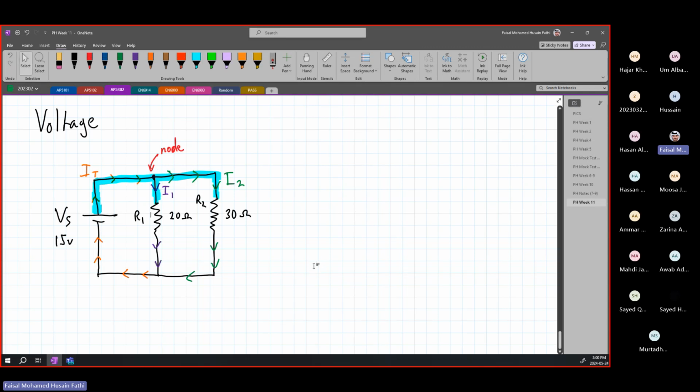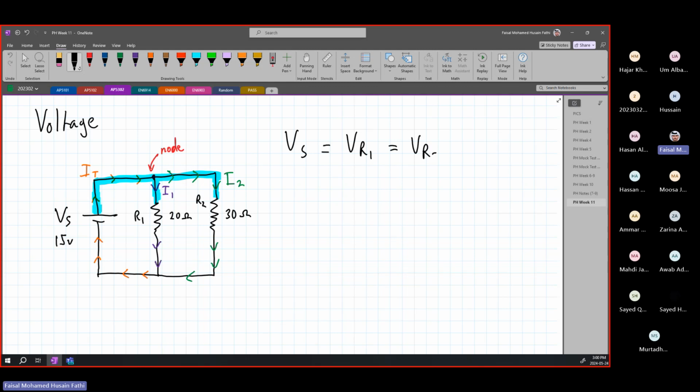It does not change. The voltage here is all 15 volts. It is not changing. Meaning VS is going to be equal to VR1 and VR2. So VS is equal to VR1 equal to VR2.